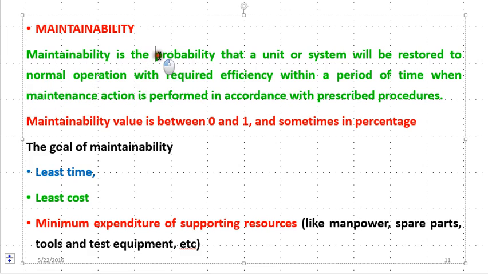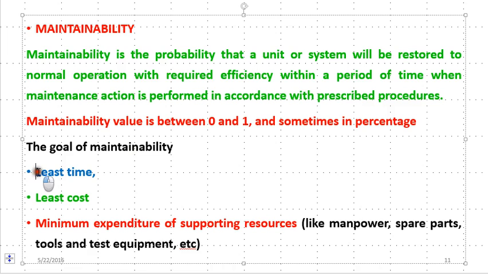Since we have this word probability, it means the probability values range from 0 to 1, and sometimes we express them in percentage. What goals do we want to achieve by carrying out the analysis of maintainability?